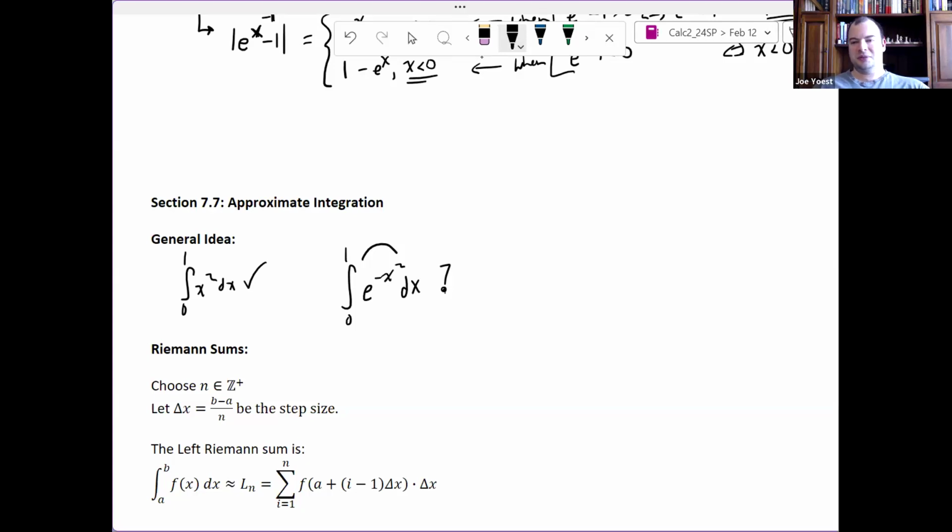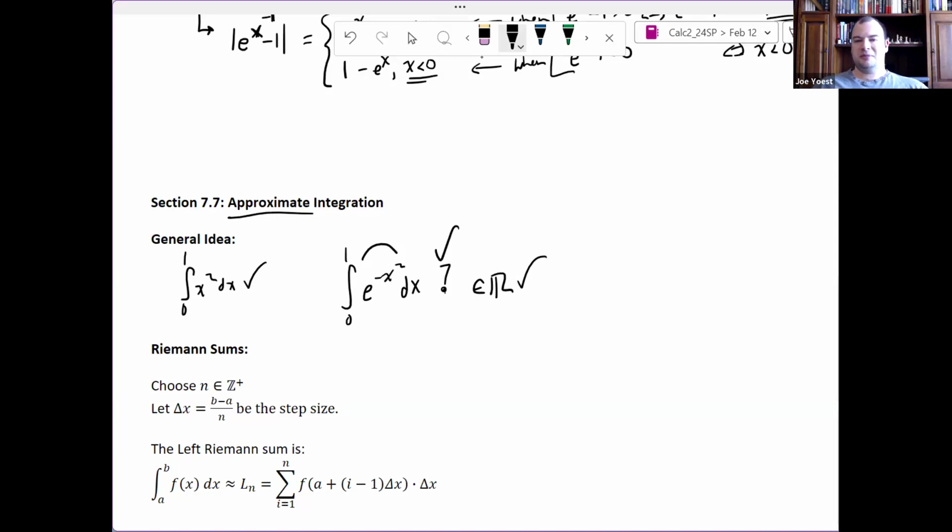This integral certainly exists. It's some real number. It doesn't blow up. It's going to be some value. But I just don't have an easy way to figure out what that value is. So sometimes I'm stuck doing approximate integration, basically using a computer to find the integral for me.